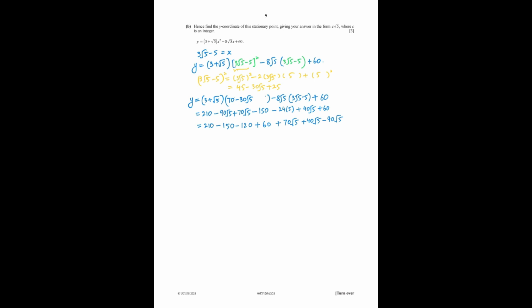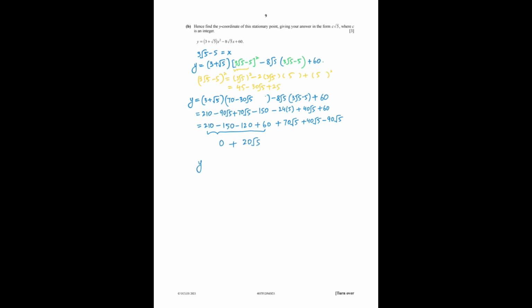So now we can simplify 210 minus 150 minus 120 and plus 60. When you add all those numbers, they will cancel each other, so that will be 0. Plus 70 plus 40 leads to 110.